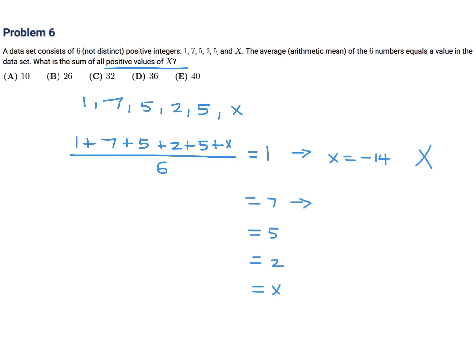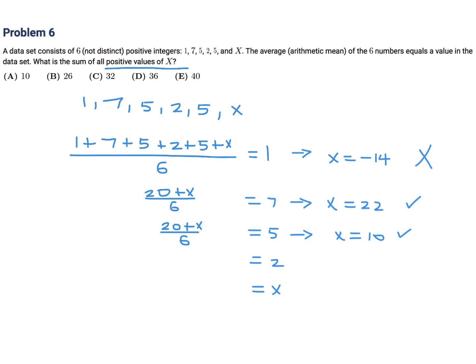When you do this for 7, it's actually 20 plus x over 6. We get x equal to 22. So that is something we're going to use because it's positive. When you do this for 5, you get x is equal to 10. So that is positive, so you're going to use that.